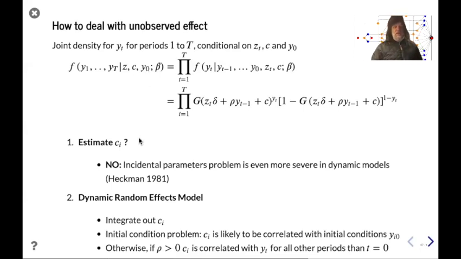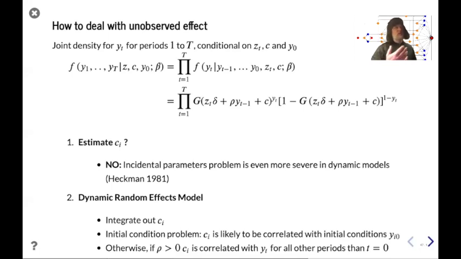Now comes the problem, right? If you're writing up a conditional density of Ci conditional on y and z, you don't want to assume that it's uncorrelated with y0. Why? Stop to think about that.